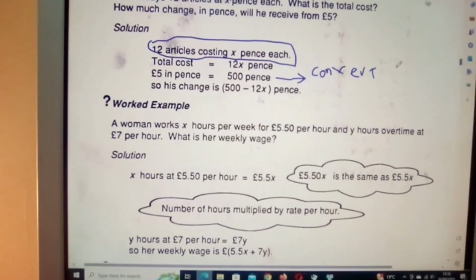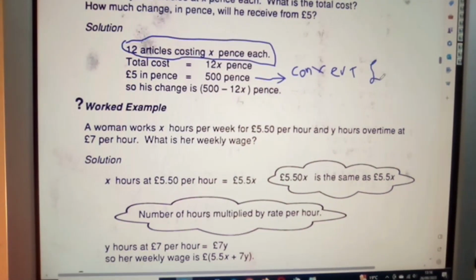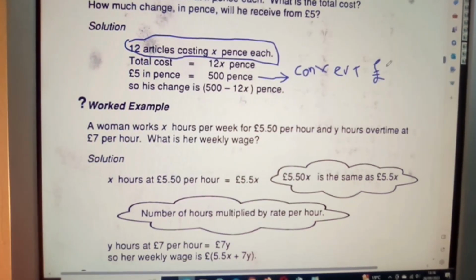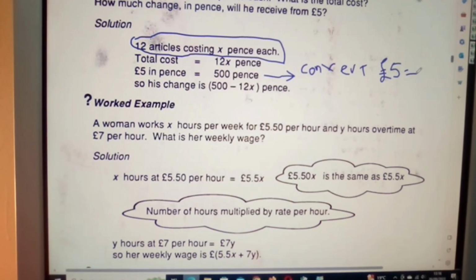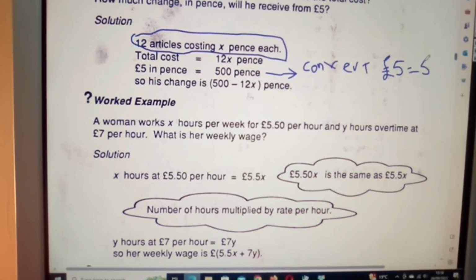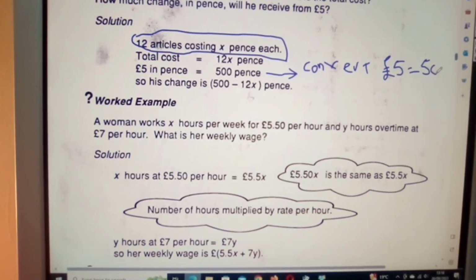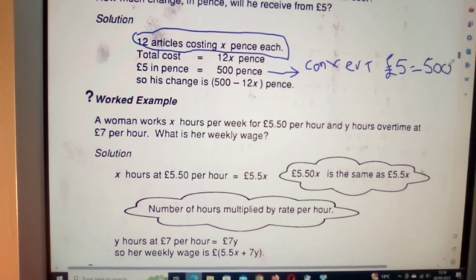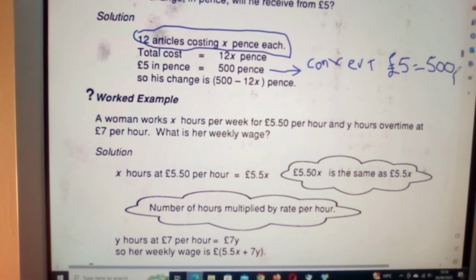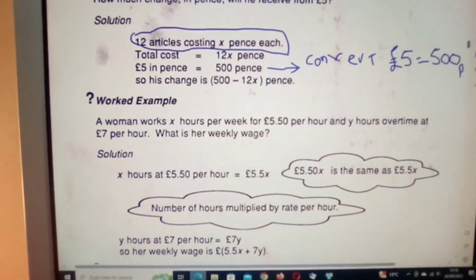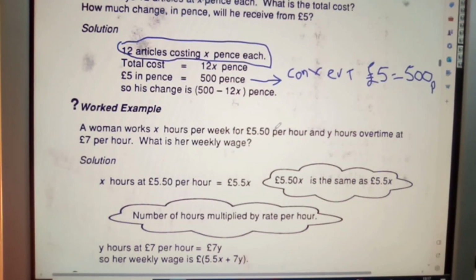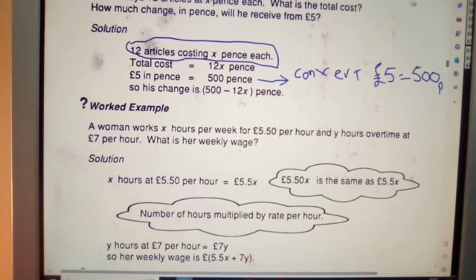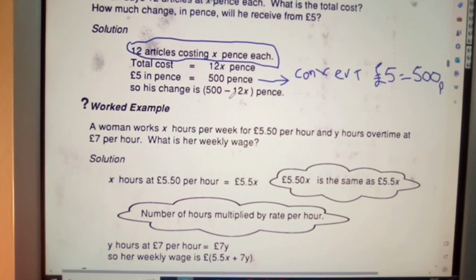Okay, so his change is 500 minus 12x. That's minus the cost of the items that he had spent on.